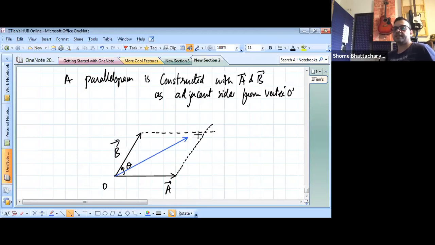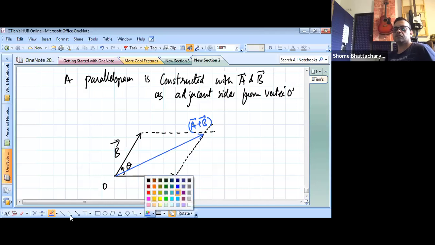This particular diagonal represents the resultant sum of the two vectors, and this particular diagonal represents the difference of the two vectors.